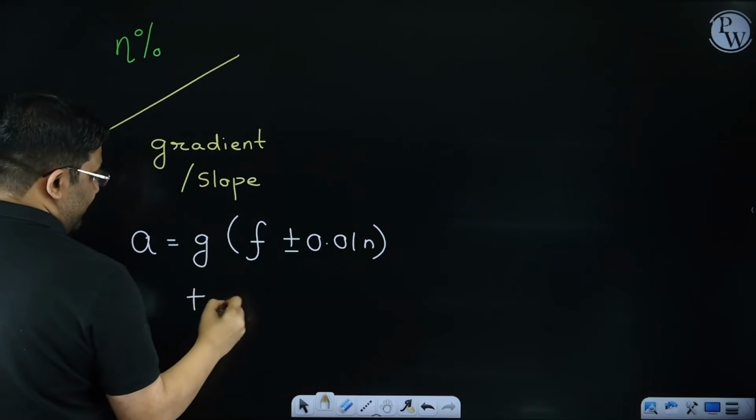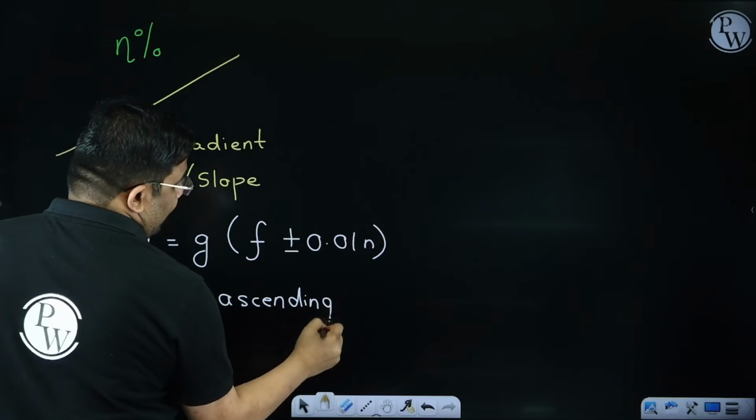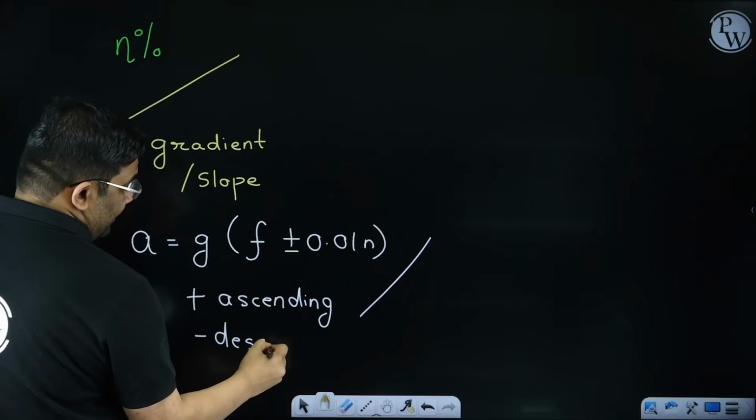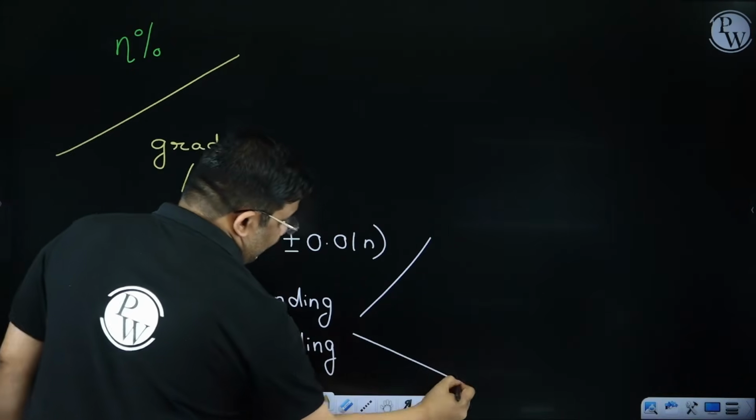We use the plus for an ascending or up gradient, when we are traveling up a gradient, and the negative for a descending or down gradient.